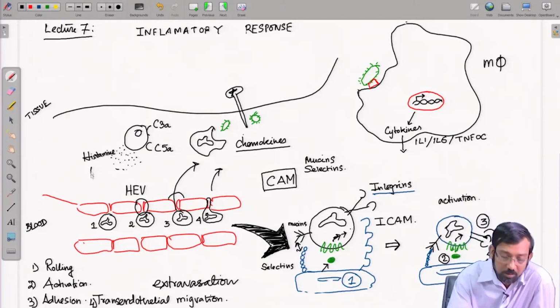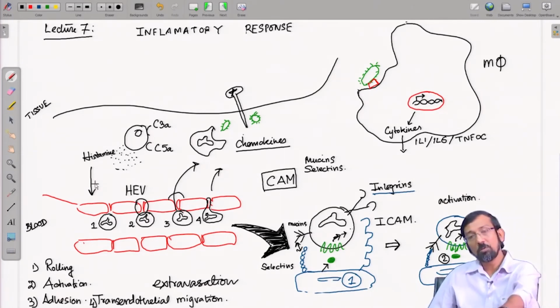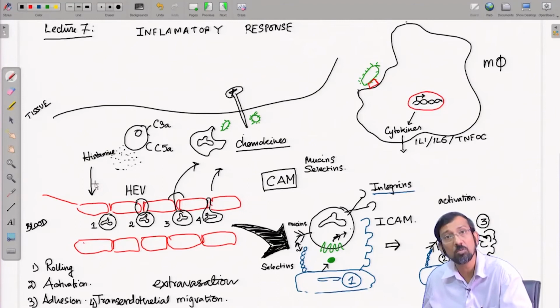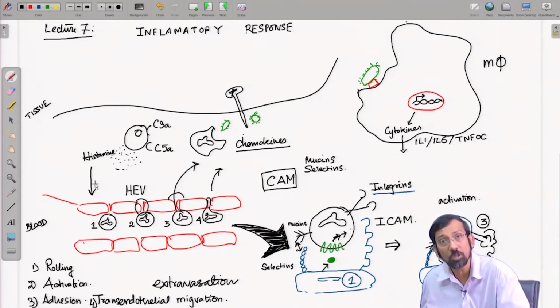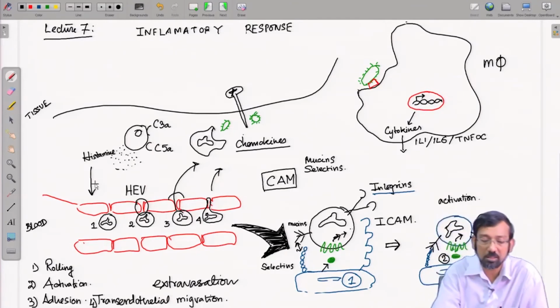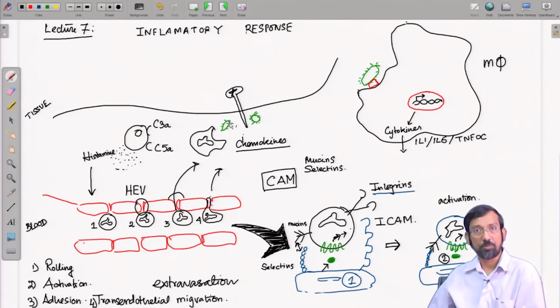And what is this histamine doing? It is increasing the vascular permeability, and by that it is allowing more transendothelial migration. So, transendothelial migration is more facilitated. It leads to vasodilation, increases the vascular permeability, and allows more neutrophils and more cells to go to the tissue. And there are other chemoattractants in this area, which help these cells to migrate to the site of action.